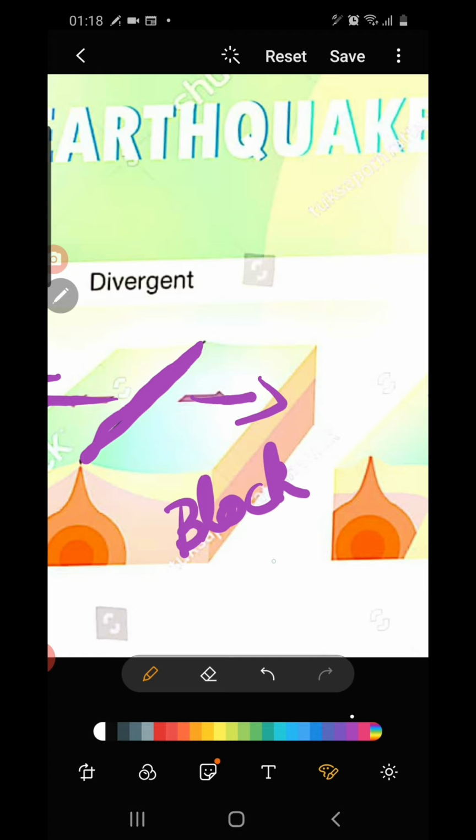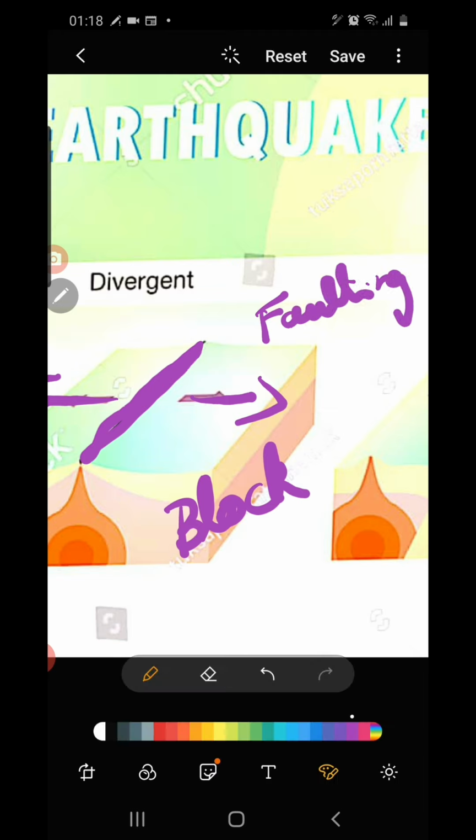This kind of movement of the tectonic plates takes place. This is called faulting. What is faulting? When the tectonic plates move in different directions, what happens? There is faulting of the earth crust. So this causes the formation of block mountains.